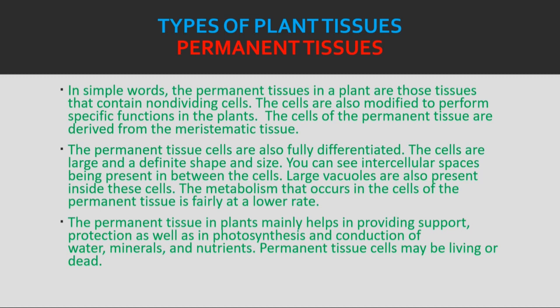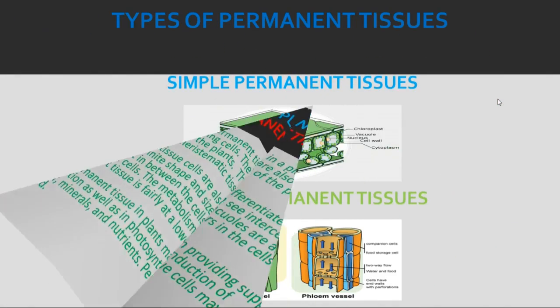Some permanent tissues are living, while others are found as dead cells in the structure of the plant. They help in providing support and protection to the plant, as well as in photosynthesis and conduction of water, minerals and nutrients. Hope you have understood what permanent tissues are, and this is very important from the exam point of view. So let's move to the next slide.